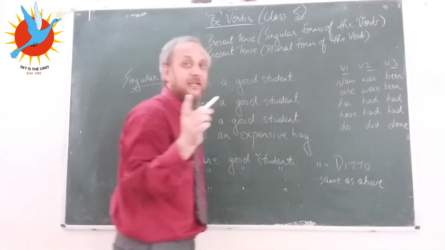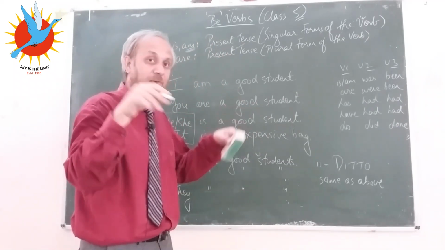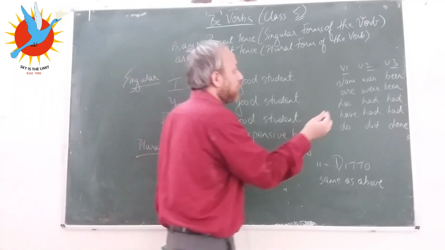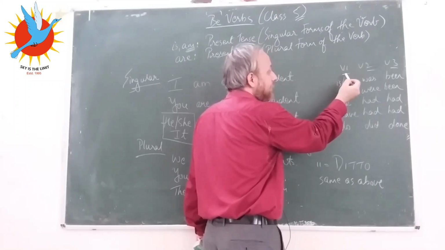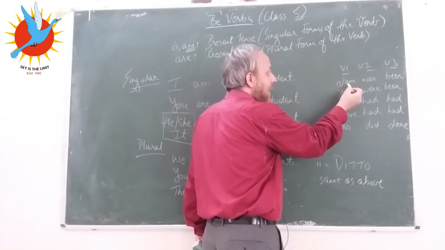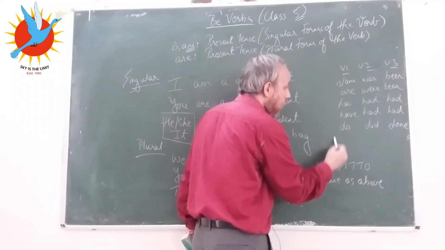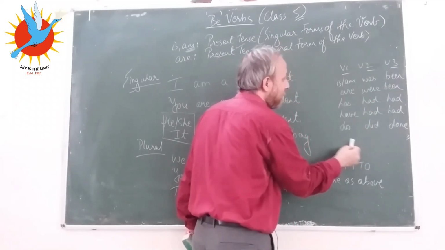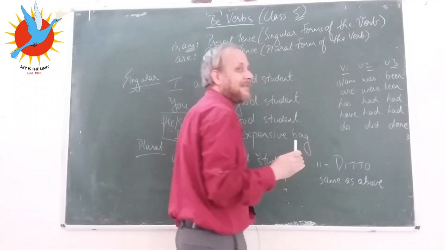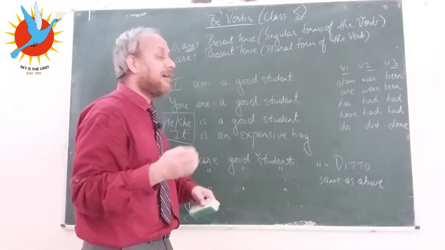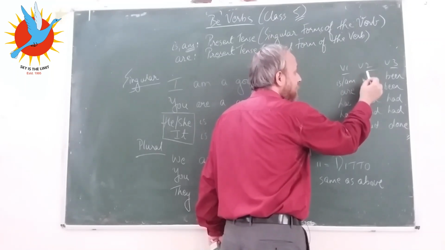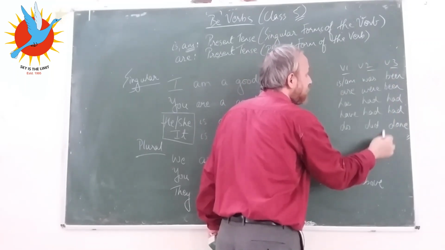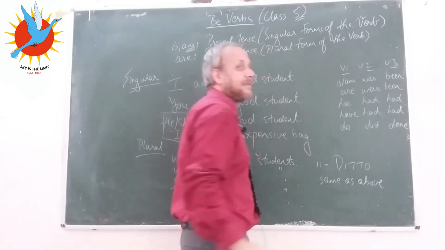I have also sent you the verb 1, verb 2, verb 3 list of the different verb forms. Is and am come under verb 1. We use all the verbs that come under verb 1 to make the present tense, and all the words under verb 2 to make the past tense.